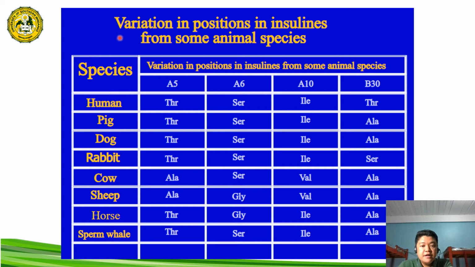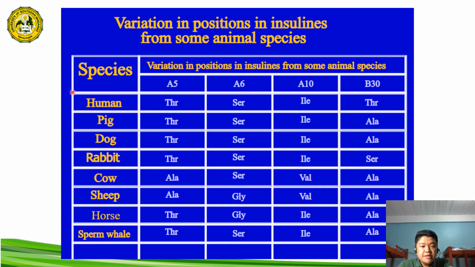So we have here a diagram now showing the variation in the positions in insulins from some animal species. So we have here a comparison between the insulin of humans, pigs, dogs, rabbit, cow, sheep, horse, and the sperm whale.